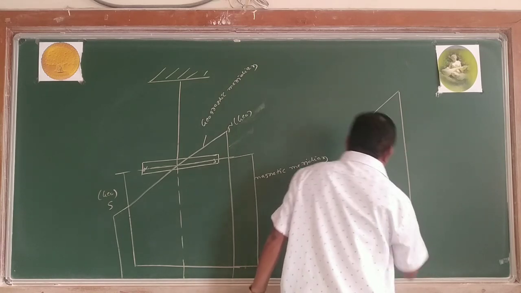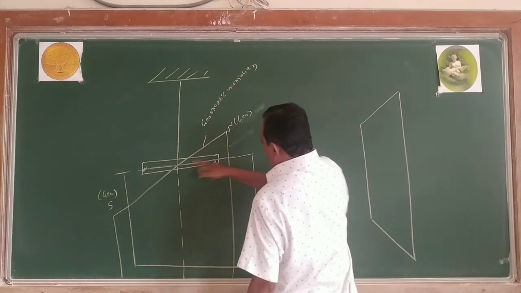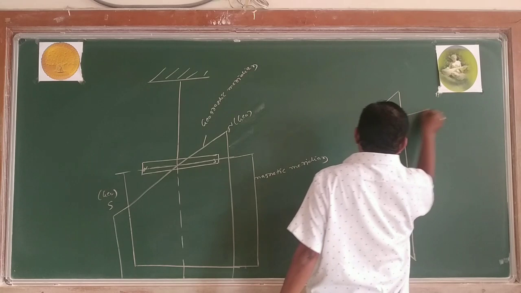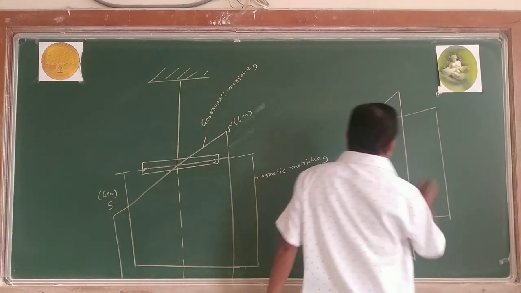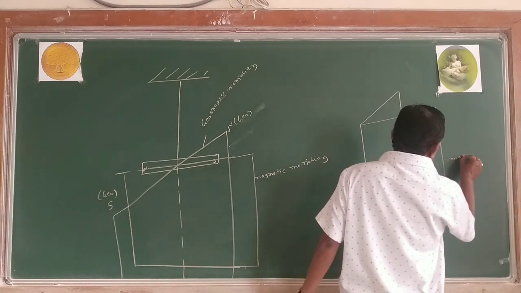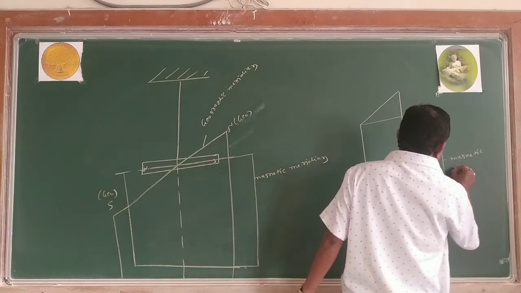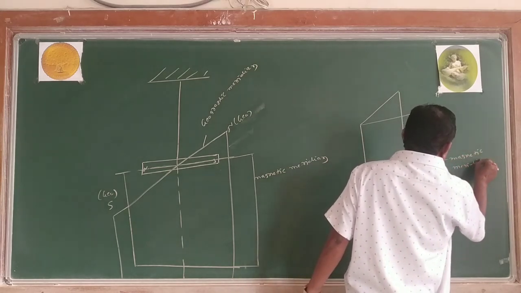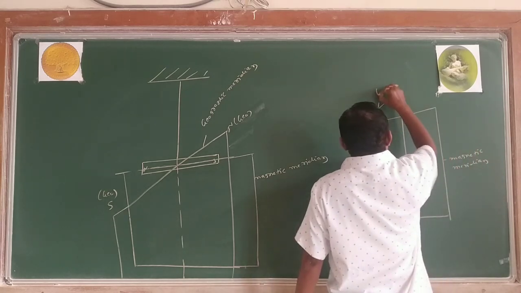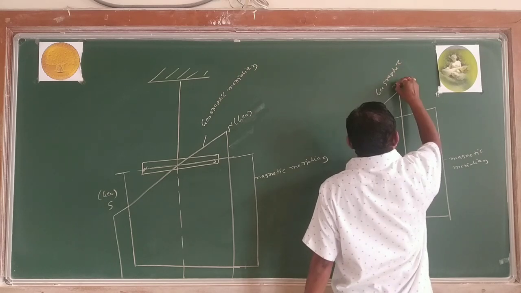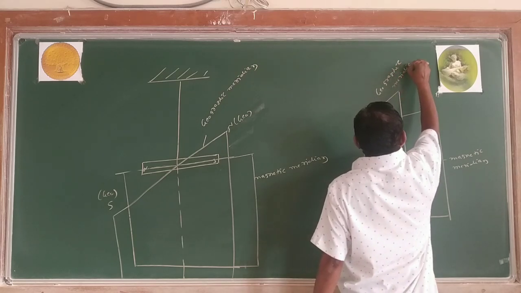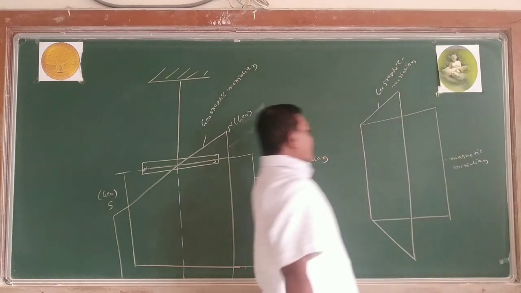Now this is the magnetic meridian. This is the geographic meridian. I made them separate. Right?